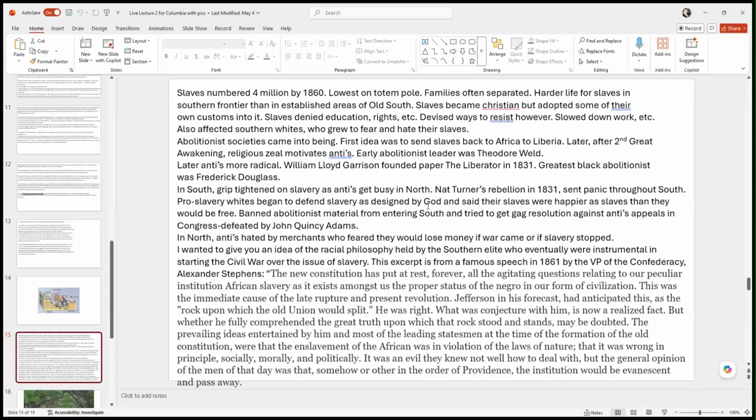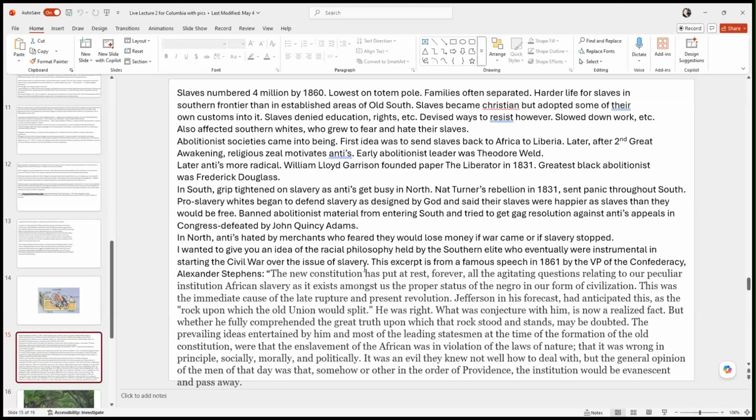So here's a speech from the vice president of the whole Confederacy, made shortly after the beginning of the Civil War, 1861. His name is Alexander Stephens. I'm just quickly going to read this to give you a flavor of the philosophy behind the Southern Confederacy.